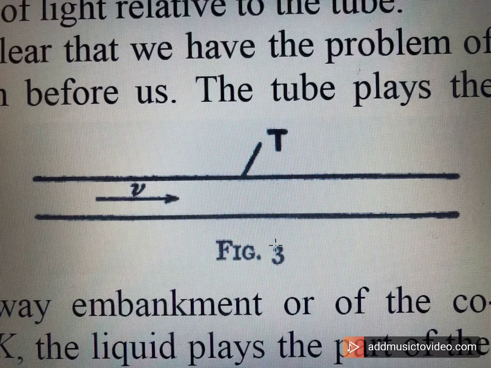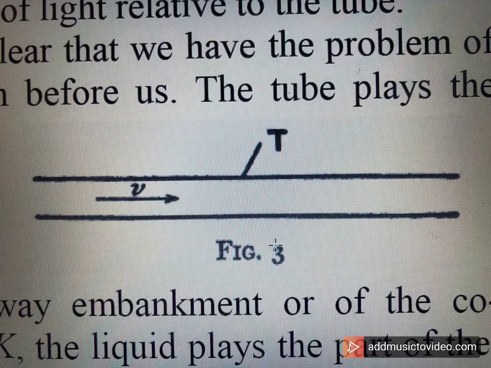The velocity of light relative to the liquid and the velocity of the latter relative to the tube are thus known, and we require the velocity of light relative to the tube. It is clear that we have the problem of section 6 again before us.